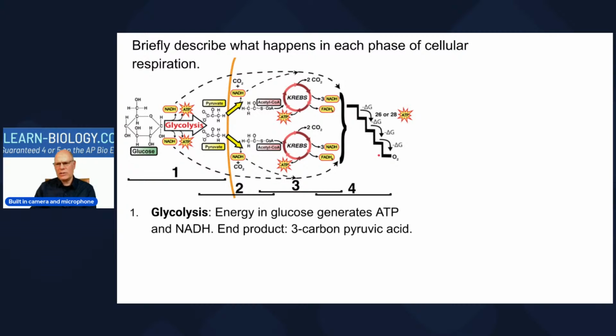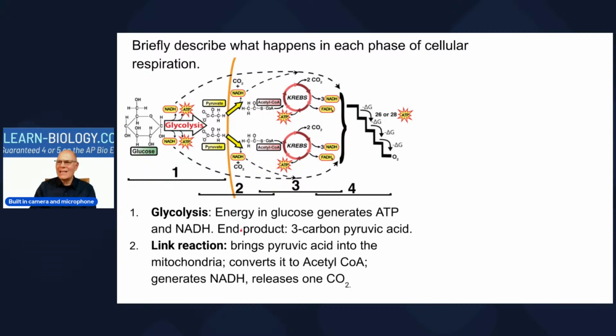So that's glycolysis. Following that is the link reaction, and the link reaction is number 2 over here, and it brings pyruvic acid into the mitochondria. And this arc over here in orange represents the mitochondrial membrane, and it converts pyruvic acid, or pyruvate, into acetyl-CoA.